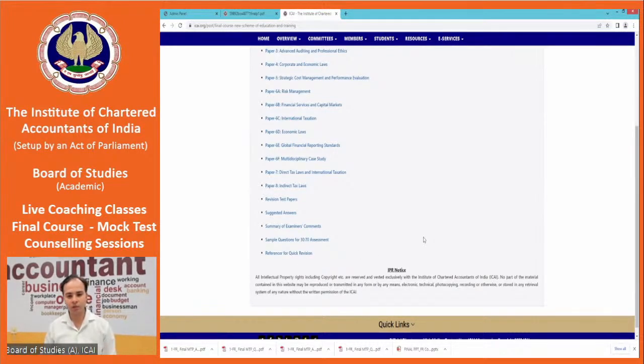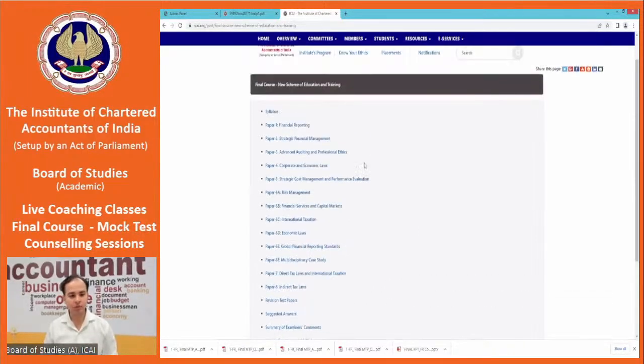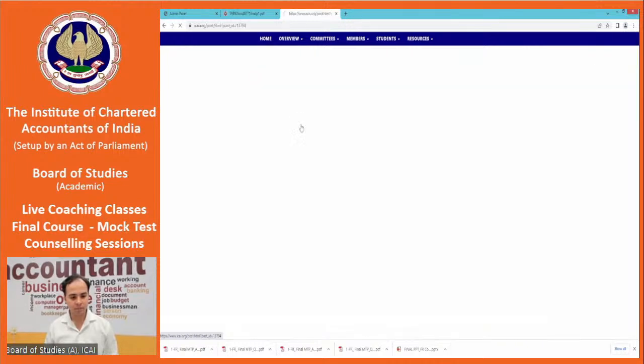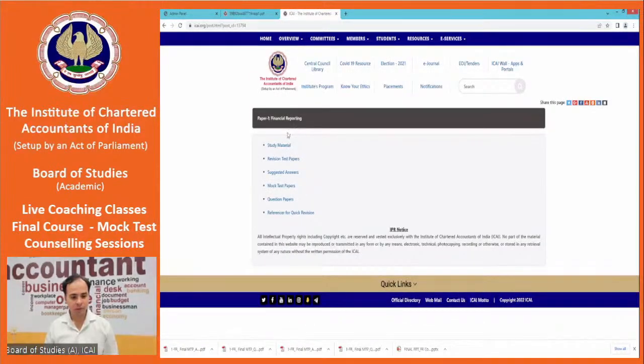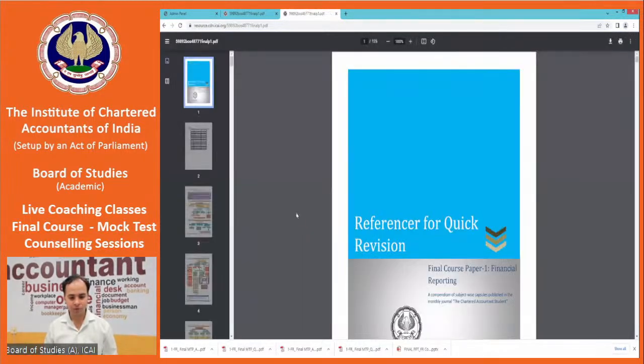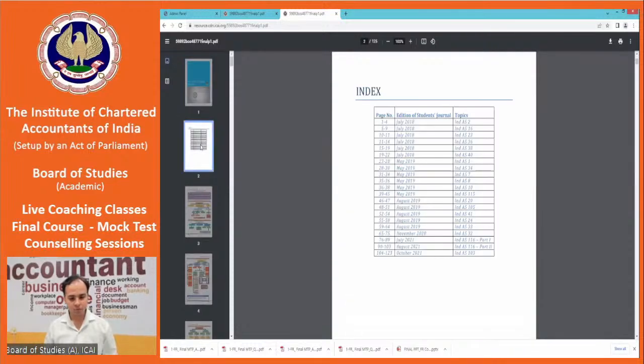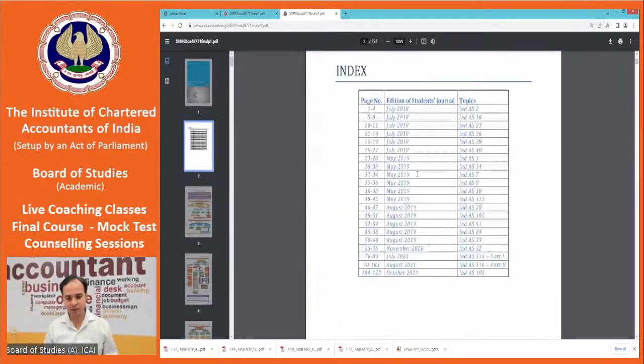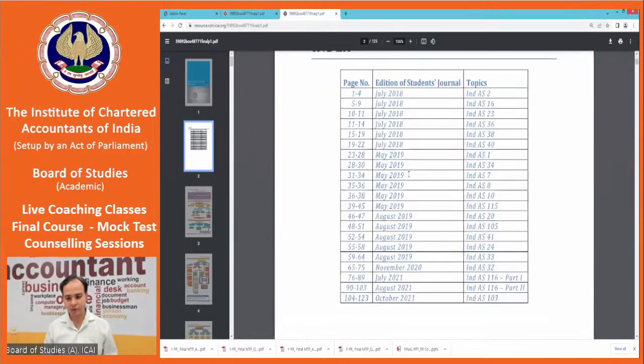However, if you want to see the quick references for a particular subject, then you have to go into the specific subject. Therein you can see study material, article, suggested answer, etc. Therein you can also see the references for quick revision. If you click it, as you can see, the summary of all these Ind AS is given in the quick references.